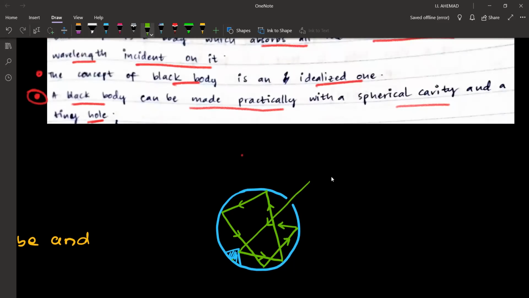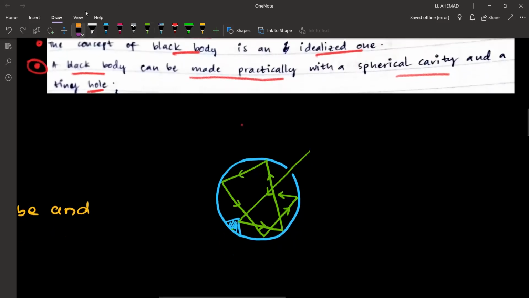Did you get the idea what's happening here? Why we can consider it as a blackbody?